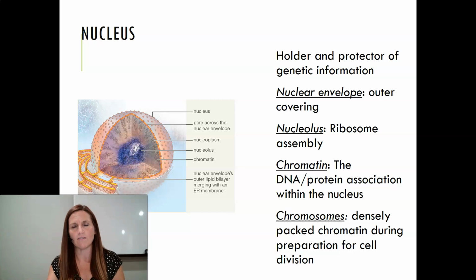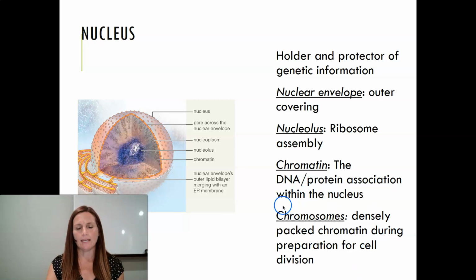A sock getting left behind, as it were, in DNA is going to be the starting of mutations that are going to end up leading to things like cancer, and we don't want to see that. So we don't want any deletions or additions or transpositions of our DNA. We want to keep our DNA exactly as it was. And so that packing of the chromatin into chromosomes is a really important step.